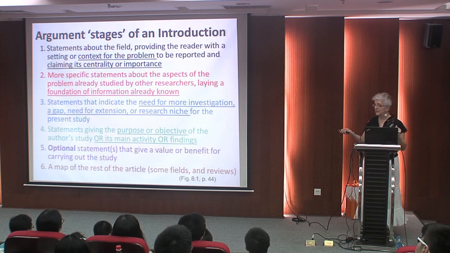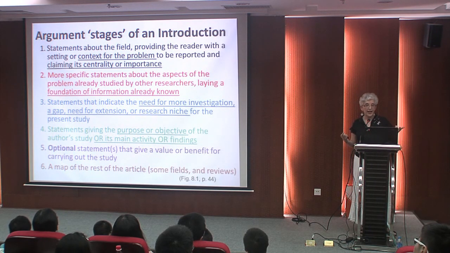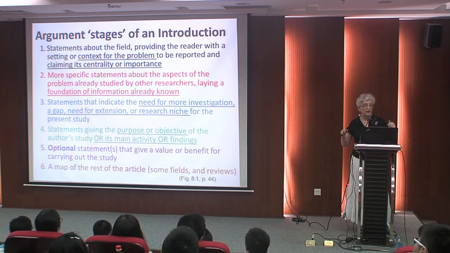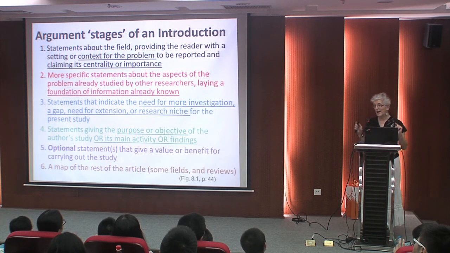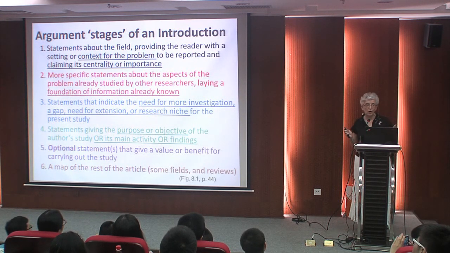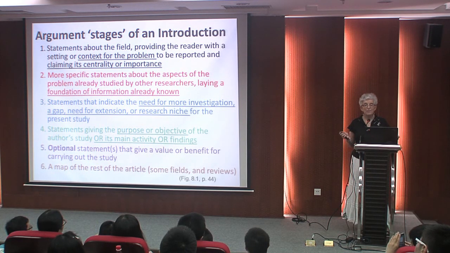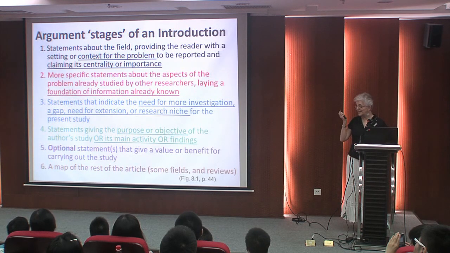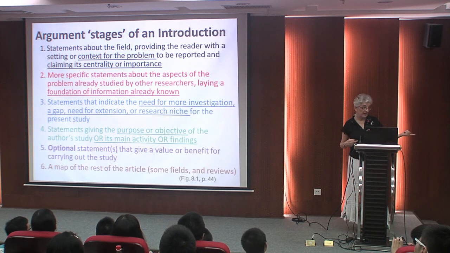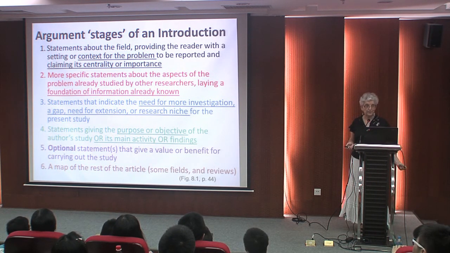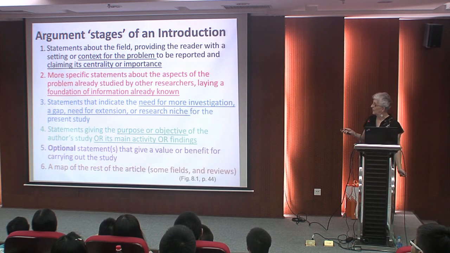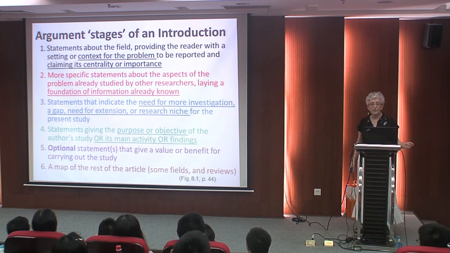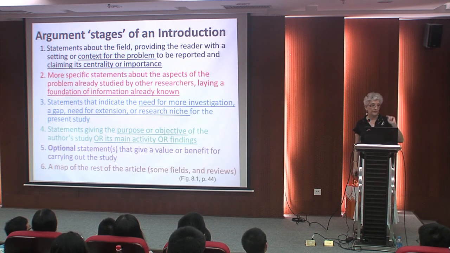So we need to look at the 6 steps, and then I will apply them to an introduction in nanoscience and technology so that you can see how they work in practice. Please pay attention to the colors of the text because the text colors will reappear on the following slides. Before I begin, the names of the stages are numbers.